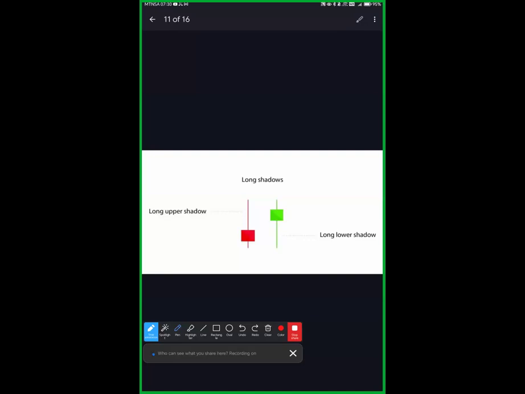For example, if you see a candle, I'm not drawing correctly, I'm not a good drawer, but that is my candle. This is what I'm trying to explain. When you see a candle with a short shadow, it simply means the activity of buying and selling was confined near the open and the close.